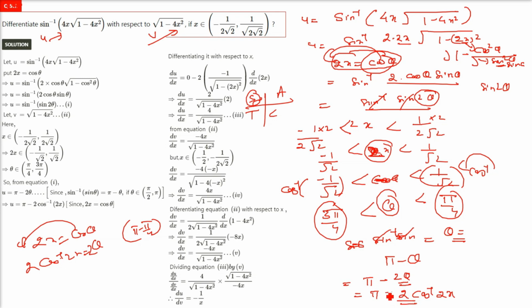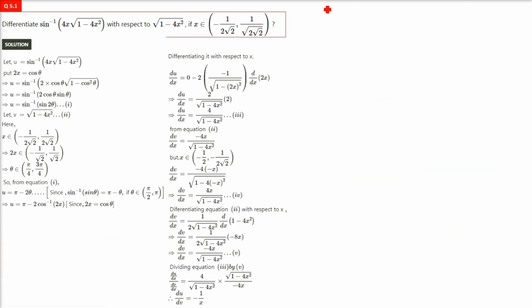Okay, now you have to differentiate this: pi minus 2 cos inverse 2x. So I will just clear this, and then I'll write again. So you have pi minus 2 cos inverse 2x.